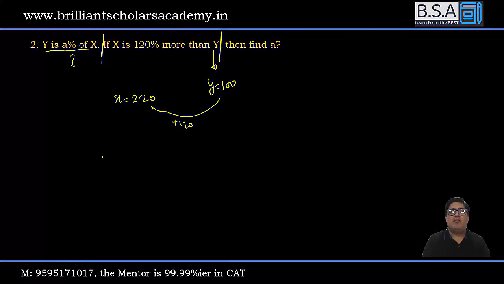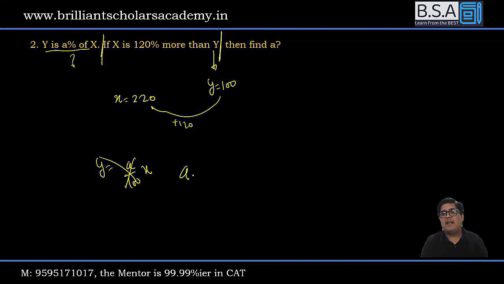Now, Y is a percentage of X. Either you create an equation like this, or you say A is equal to Y upon X into 100, which is 100 upon 220 into 100. बड़ा अलग तरह का आंसर आएगा.